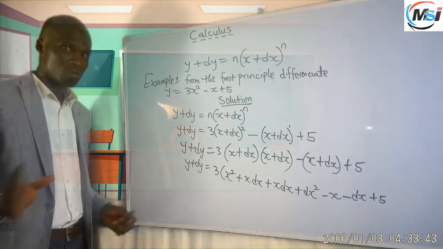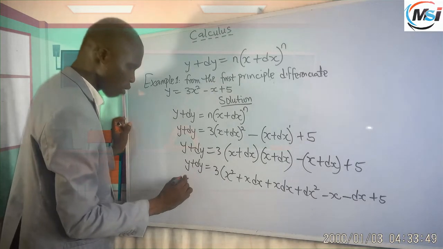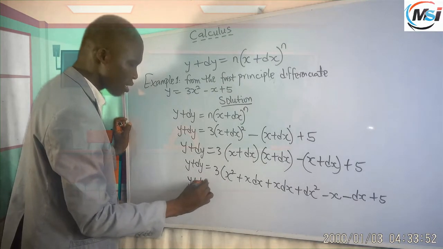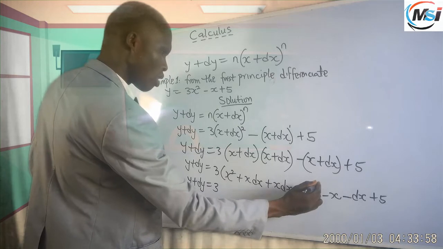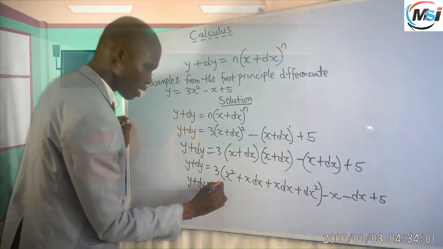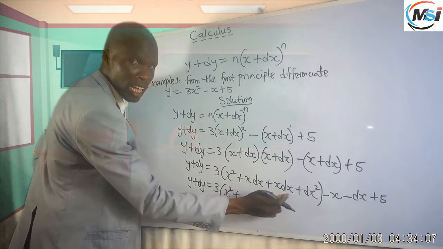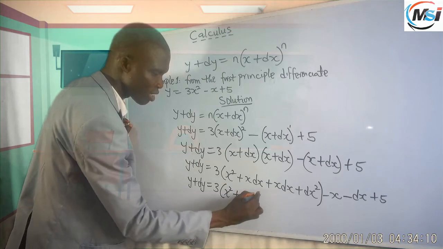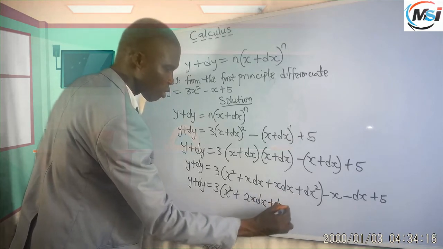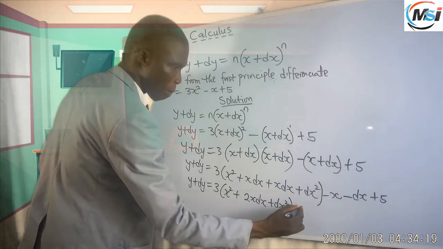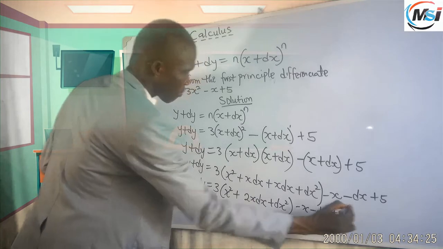It's very long, but if you know it, it will not be long. So what are we going to do? This one will give us y plus dy equals 3. Okay, sorry, I have not closed my bracket. x squared plus x dx, x dx, it will give us 2x dx, plus dx squared, close the bracket, minus x minus dx plus 5.